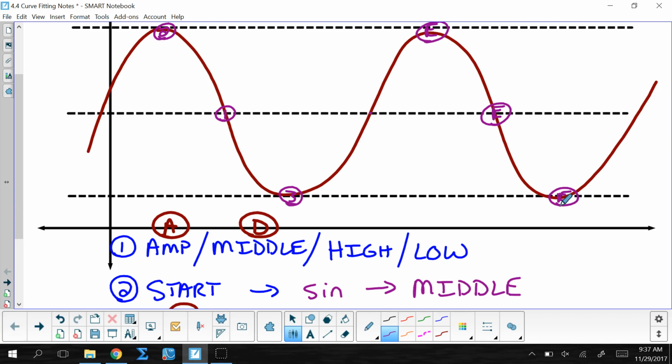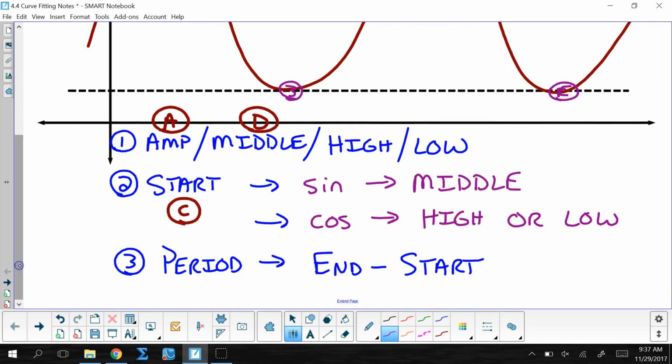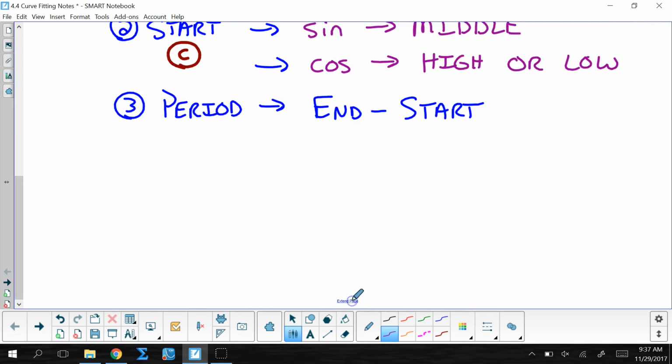Okay? Now, Eden, you were saying something else about period. 2 pi divided by the absolute value of b. Period is equal to 2 pi divided by the absolute value of b. That's going to come into play because we need b in our equation.